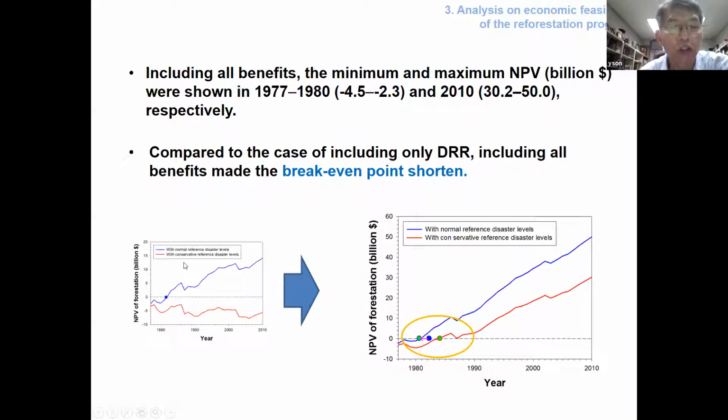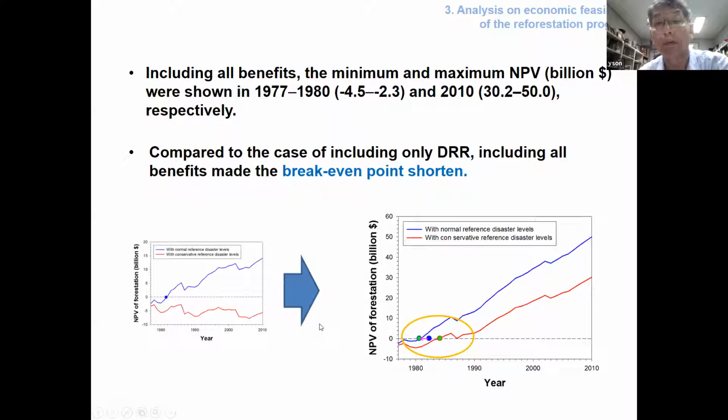So I showed this figure in the previous slides. When we calculate NPV using only DRR, depending on reference level, one is positive, one is negative.